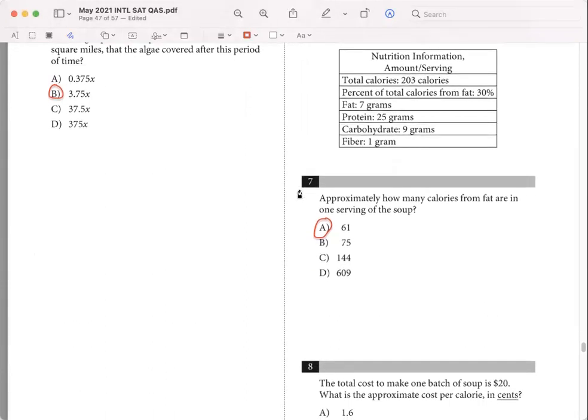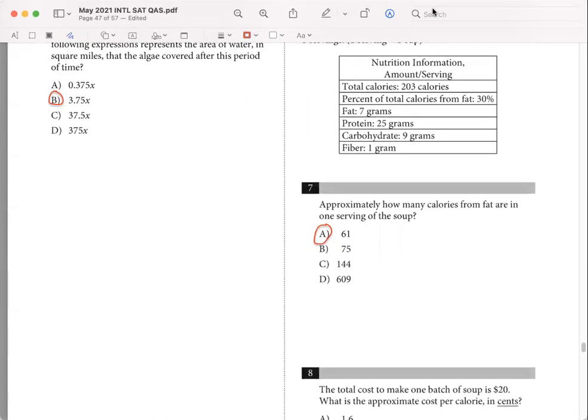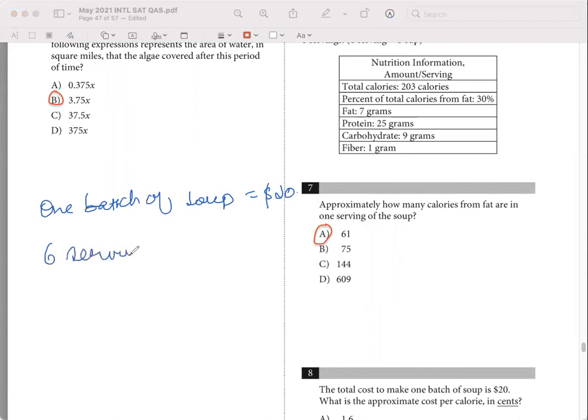One batch of soup is $20, which means it has 6 servings. So how many calories? In one serving, 203. So it will be 6 times 203. 6 threes are 18, 1. So 1218 calories in one batch of soup.